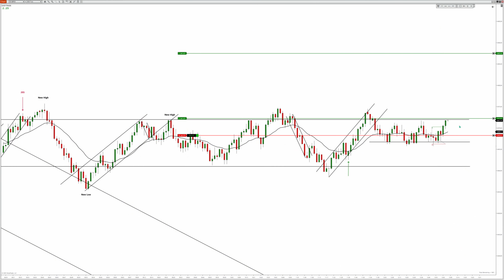We just triggered above that bar I was talking about. We just need one more tick higher.